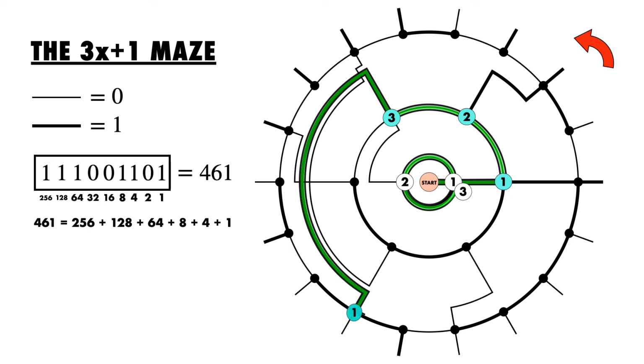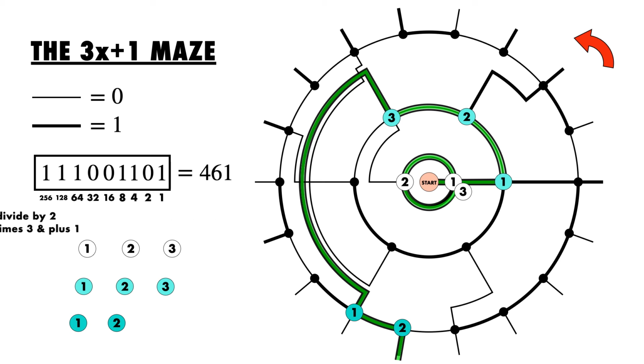1, 2, and 3. And we see we reached 3 nodes in the first circle, 3 also in the second, and 2 in the third. And now we will show 461 again when we divide by 2 if we have an even number, and times 3 and plus 1 for an odd number.